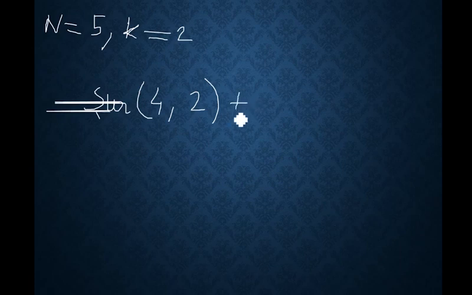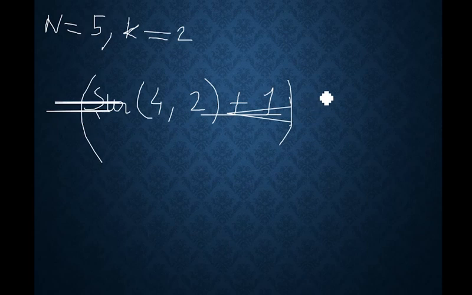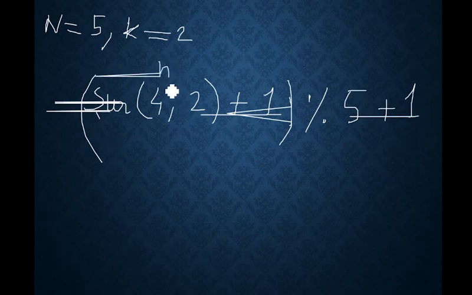And we have to skip k minus 1. So we have k value as 2, 2 minus 1, that is 1. Okay. So now what is the previous n value? That is 5. So I'm writing here 5 and we have to start from the first position. So next we have n value as 4 and k value as 2.